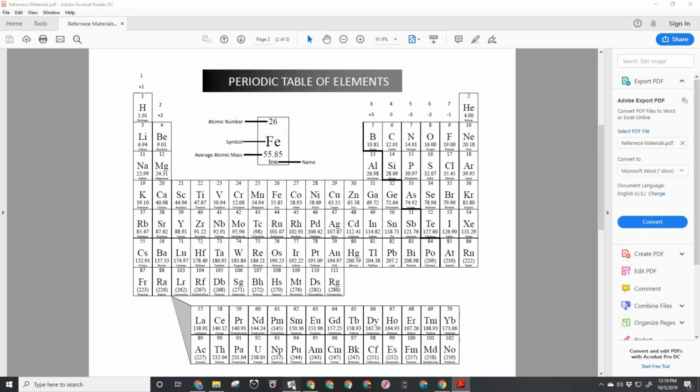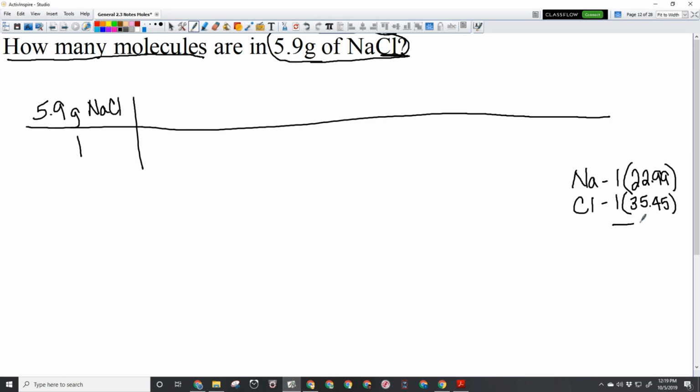So that's times 1. We just have to add these up. 22.99 plus 35.45, we get 58.44 as the molar mass of sodium chloride, and this is grams per mole.